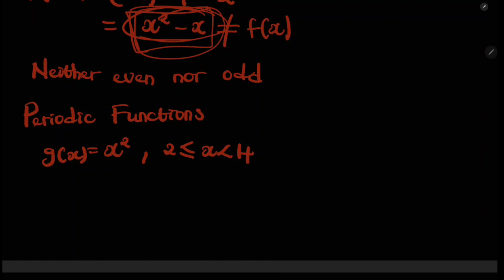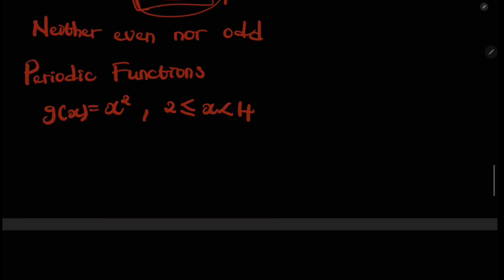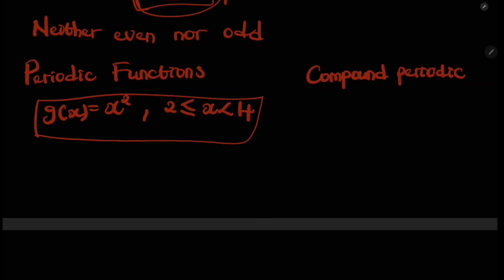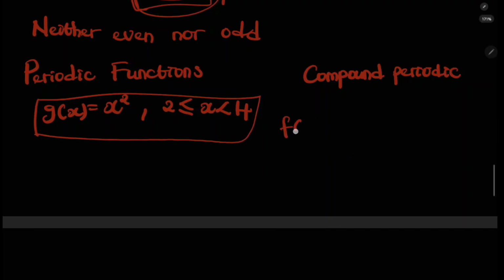Periodic functions are of this form, and there is another type which is a compound periodic function. A compound periodic function is just a periodic function with two or more different definitions, because here it has only a single definition, so this will have two or more different definitions.